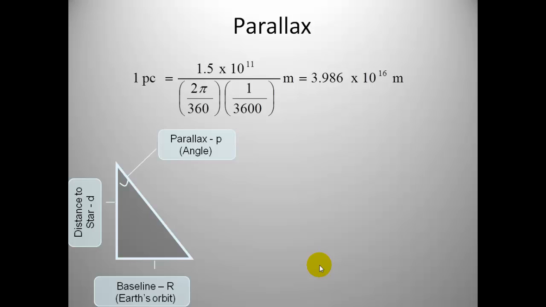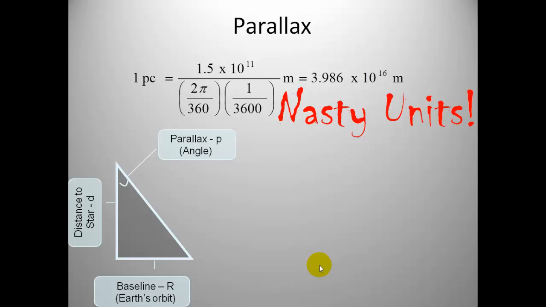These are not nice numbers. These are not nice units. These are nasty units. We can use the formula to define a new unit. We know that the parallax is equal to the baseline, the radius of the Earth's orbit, divided by the distance.